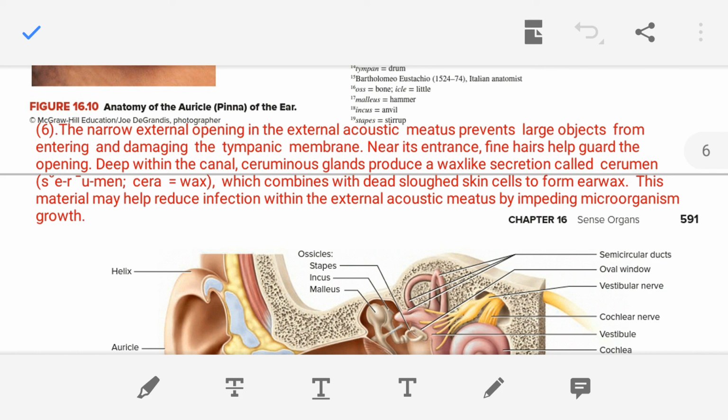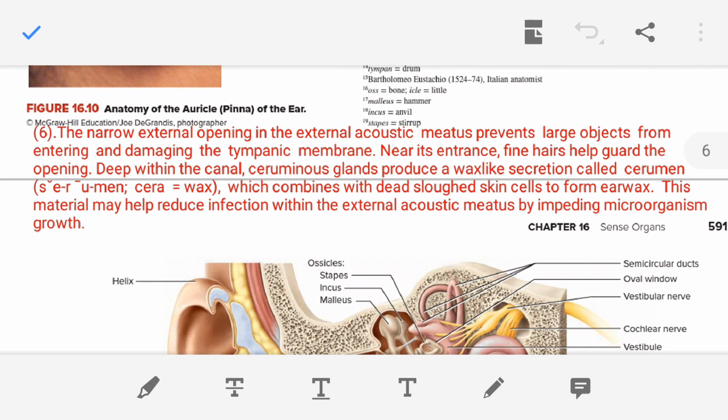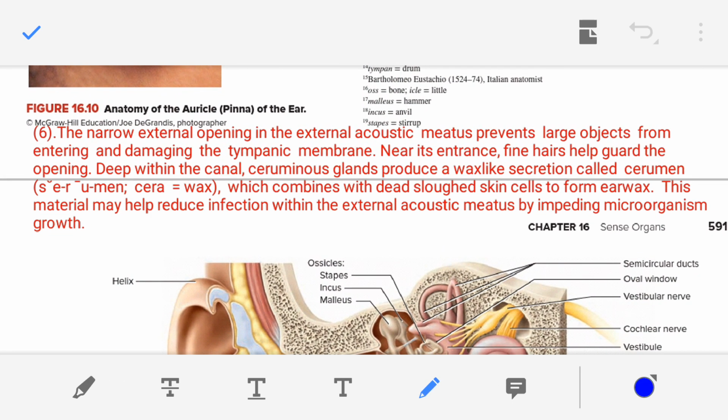Okay, so this hair, they prevent the entry of the dust particle or the dirt in the ear. So that is the role the hairs are playing. Okay, then see here it is written near its entrance fine hair help guard the opening. So hairs are guarding the opening.